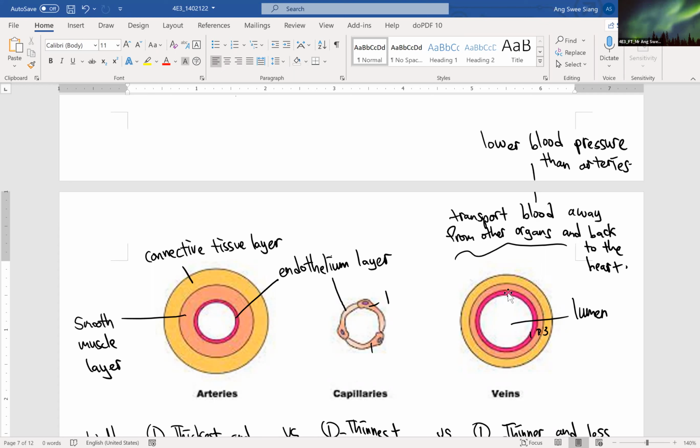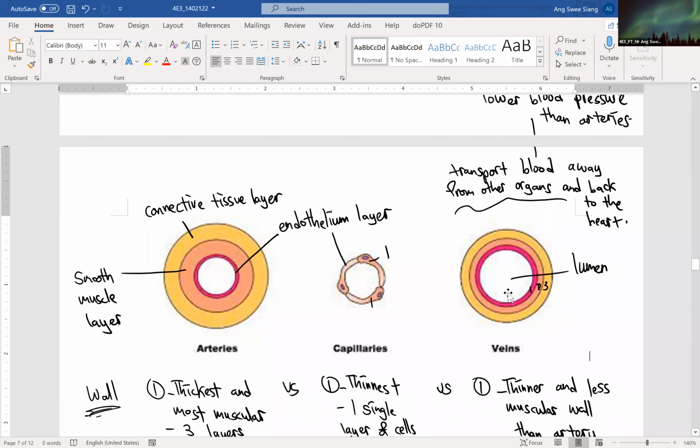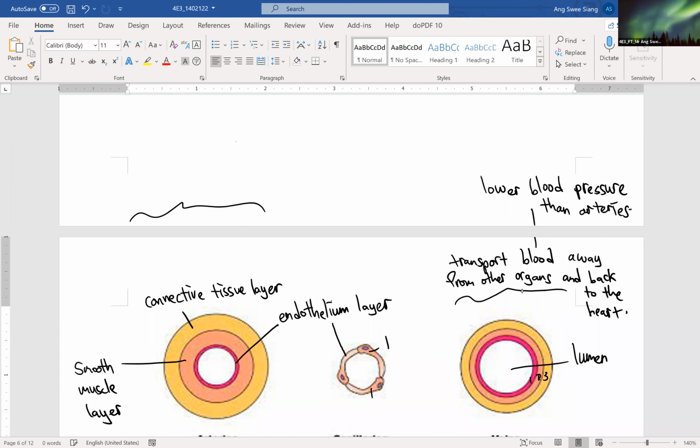Andrew, can you tell us the function of the other two blood vessels? Okay, from where? From the heart. Okay, very good. So for arteries, it is to transport blood away from the heart and towards other organs.